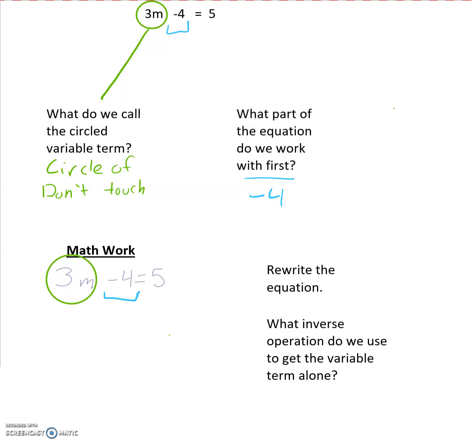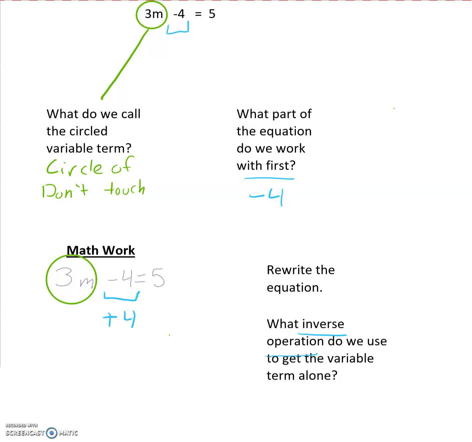All we want is that 3m by itself. So what inverse operation, remember we talked about those last time, are we going to use? In this case, the inverse operation of -4 is +4.